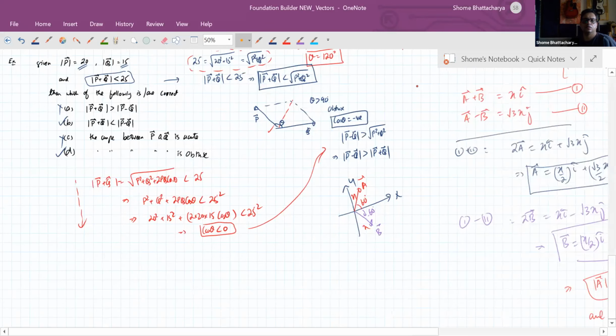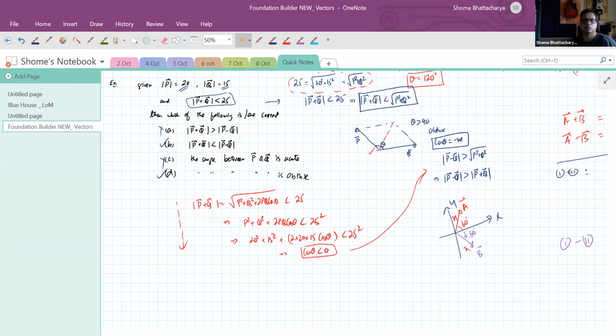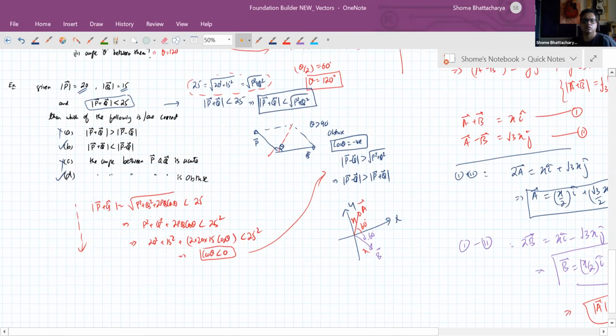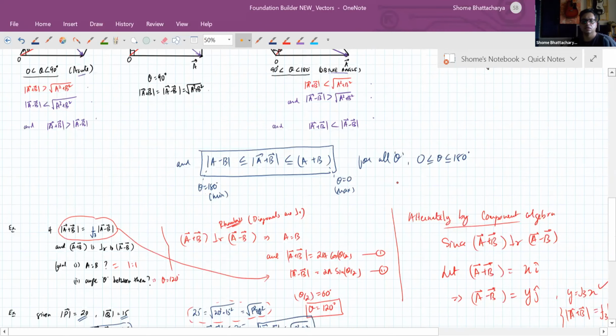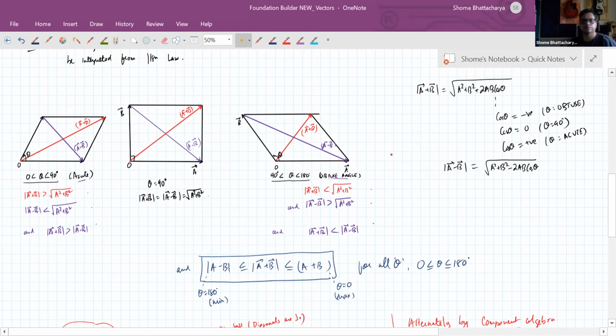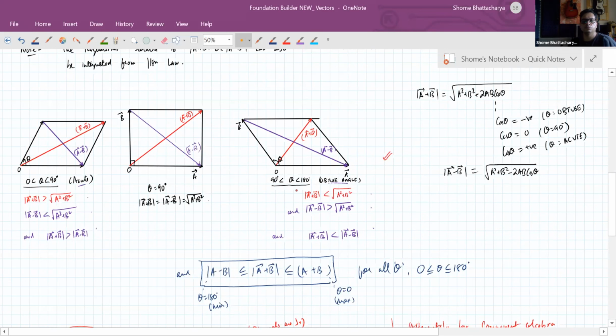Okay, so this we are doing here as the direct application of this theorem over here. We're just doing it as direct application of this part, that if mod of a plus b is less than root of a square plus b square, it's an obtuse angle. So the other inequalities are like this.